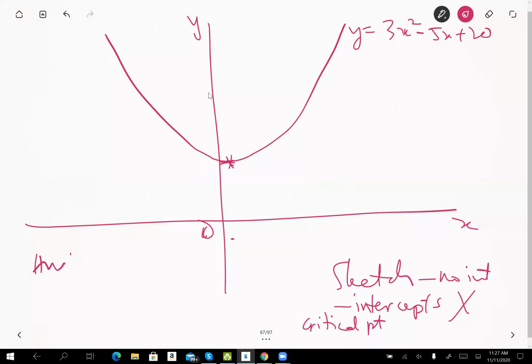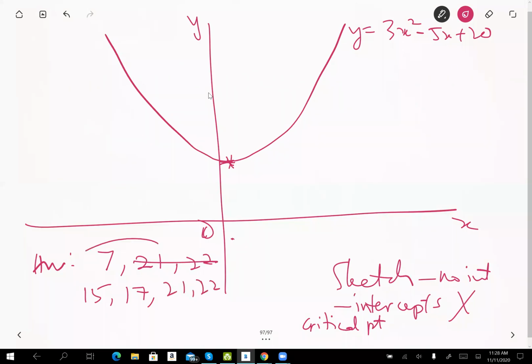Do number 7, then number 15, 17, 21, 22.